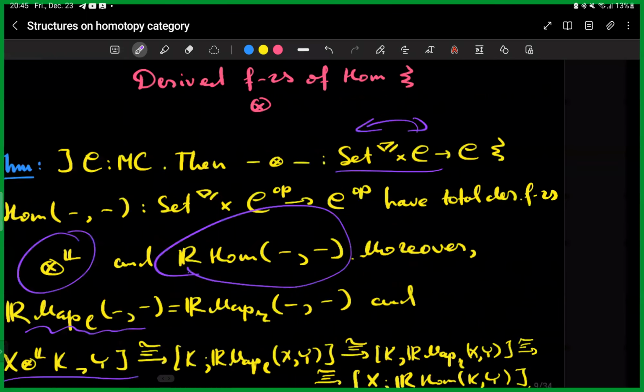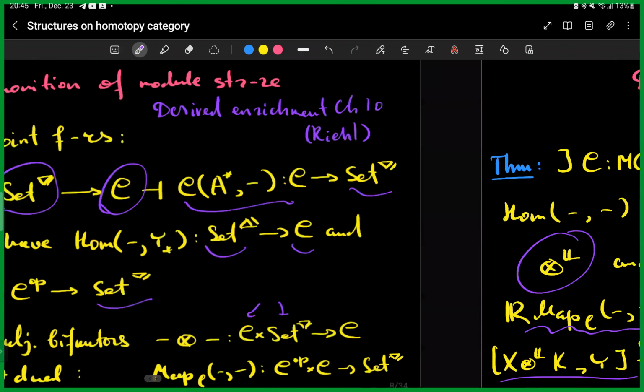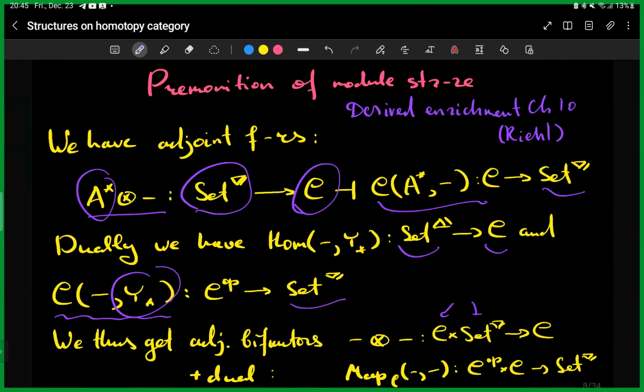I'm not sure that I gave a very clear definition, but basically we have this bifunctor of tensor product, and map L and map R are its left and right adjoint functors. Yes. Okay.